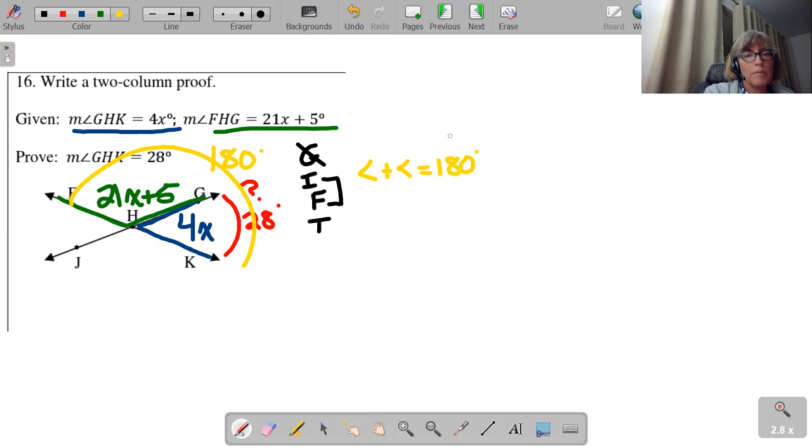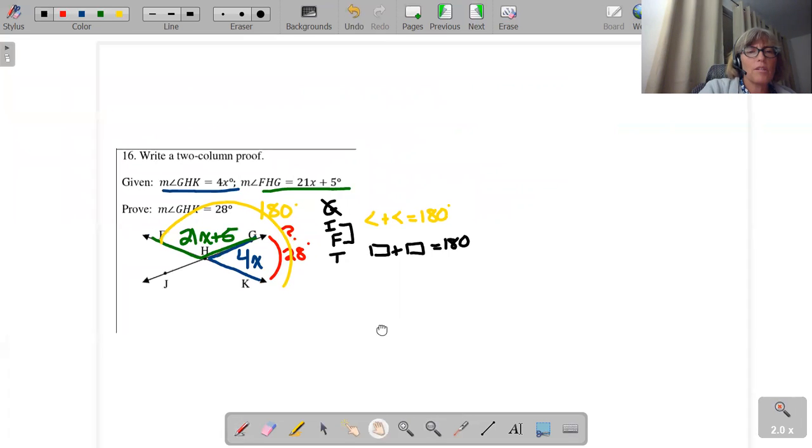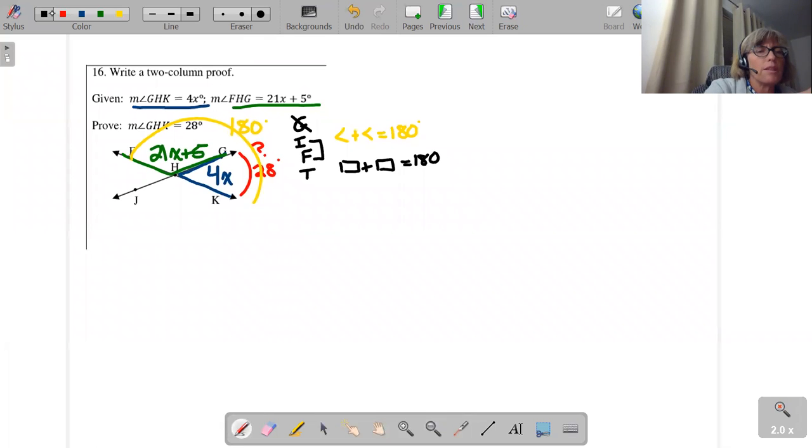That's important. So logically, we are going to be setting the two algebras equal to 180. You're going to solve for x and plug it in, and you're going to discover, yay, the angle's 28. So all of that is going to look something like this.